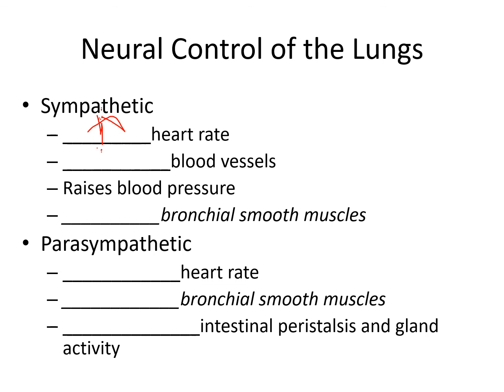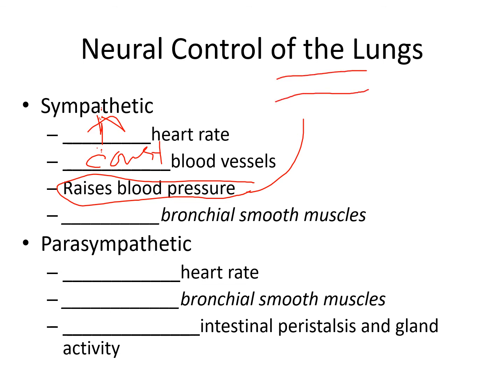Their blood vessels will constrict. Why is that important? Well, that is important because we need to raise blood pressure to send blood to our brain so we can think, right, send blood to our muscles so we can run faster and harder. So that's important. So we'll constrict blood vessels that raise the blood pressure, right? If I have a hose here that's nice and open and I somehow clamp down that hose, what happens to the amount of pressure coming out the end of that hose?